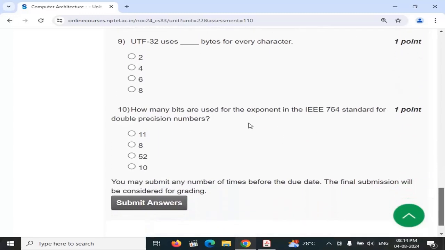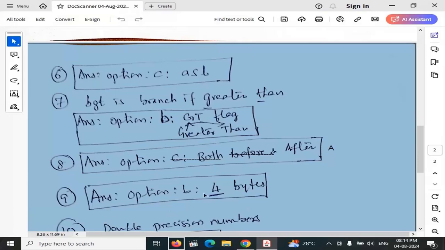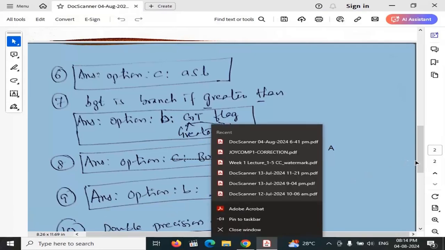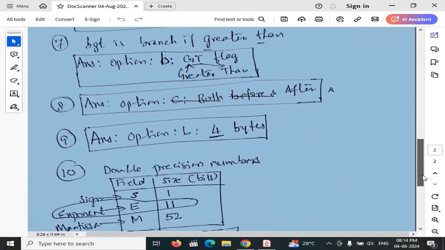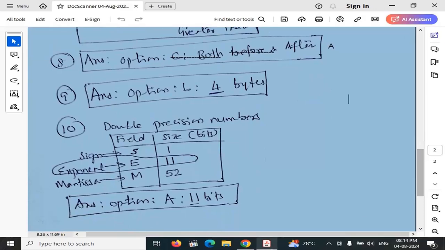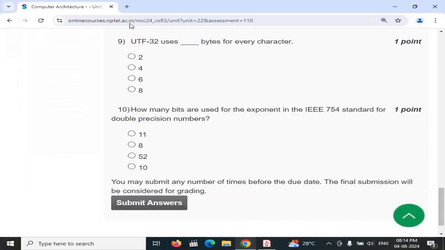Ninth one: UTF-32 has 4 bytes for every character. So option B, 4 bytes for every character.